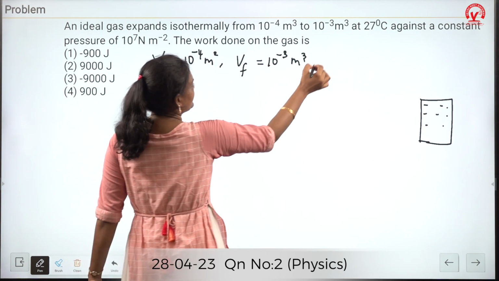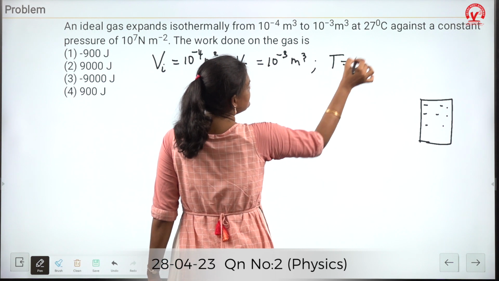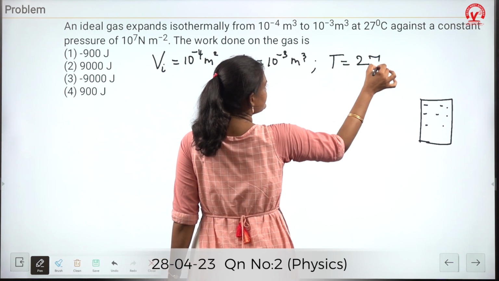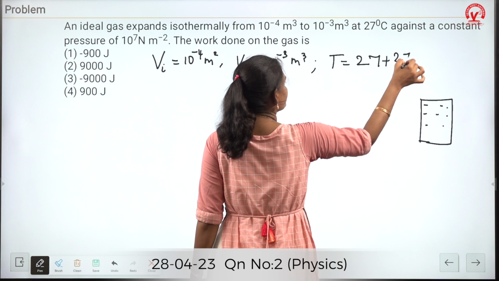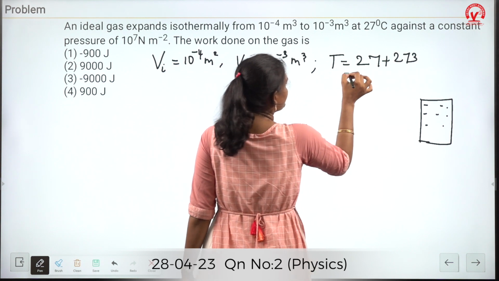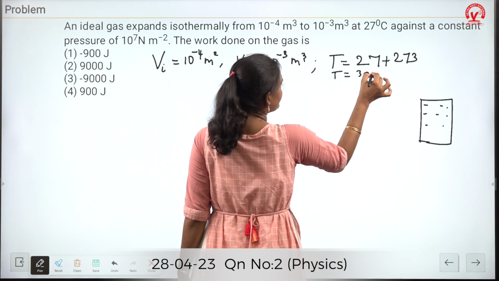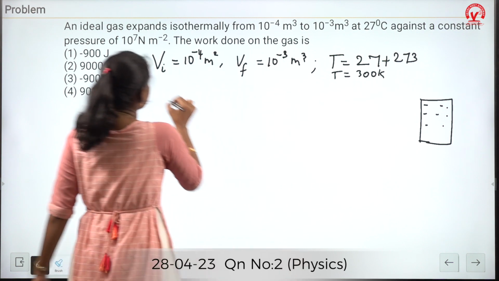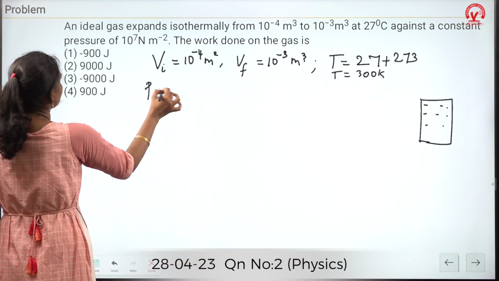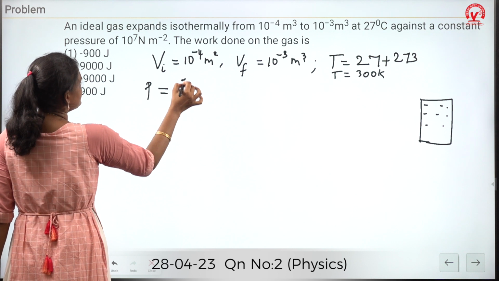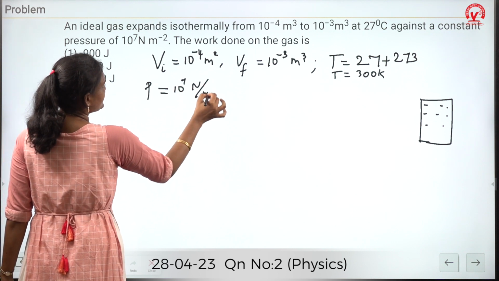And temperature, they have given the temperature as 27 degrees Celsius. We need to convert this into Kelvin. So 27 plus 273, T is equal to 300 Kelvin. And pressure value, given pressure value as 10 power 7 Newton per meter square.